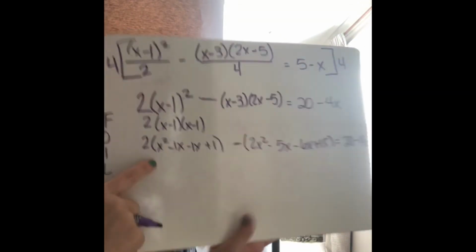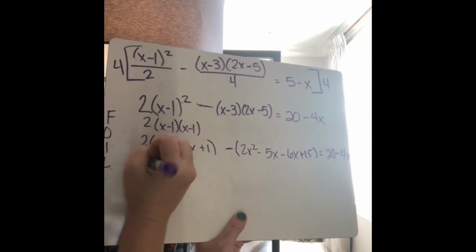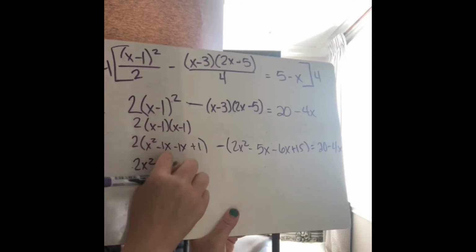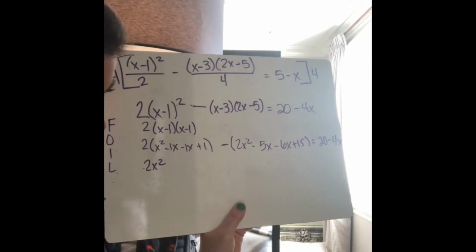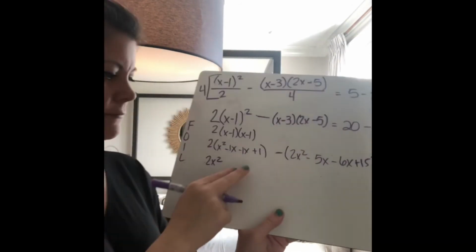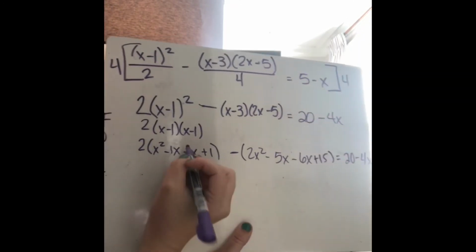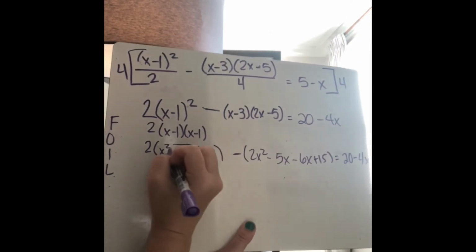Okay, so now let's simplify this by multiplying the 2. So 2 times x squared is 2x squared. 2 times negative 1. Actually, let's combine like terms first before we even start doing that multiplication. Let's combine these two right here.